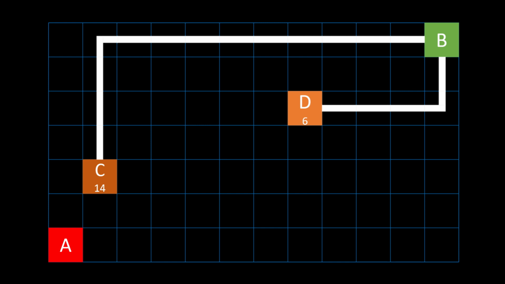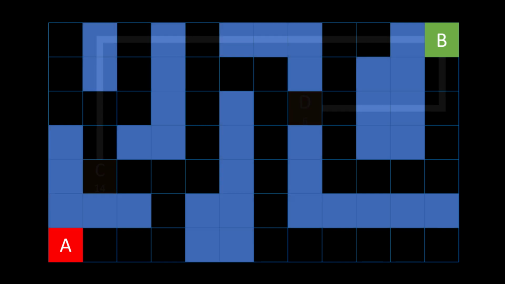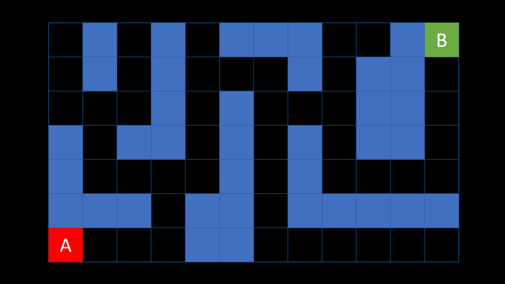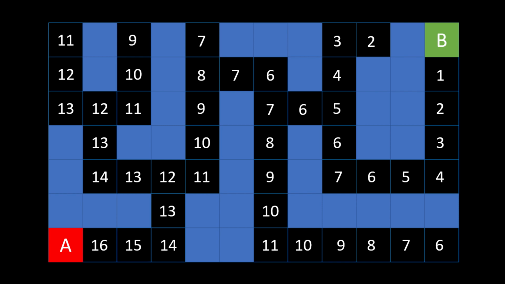Considering this, we can make a simple puzzle, but with every single step we can take, every single action we can take, as a number. This is the heuristic function.